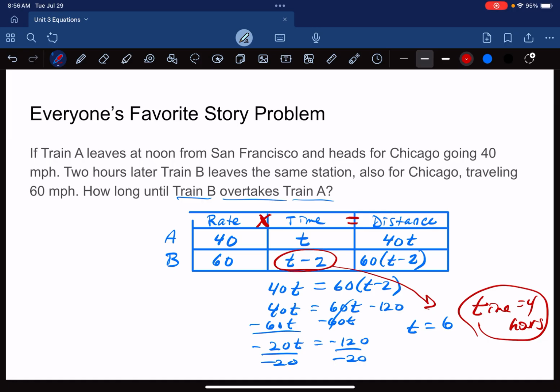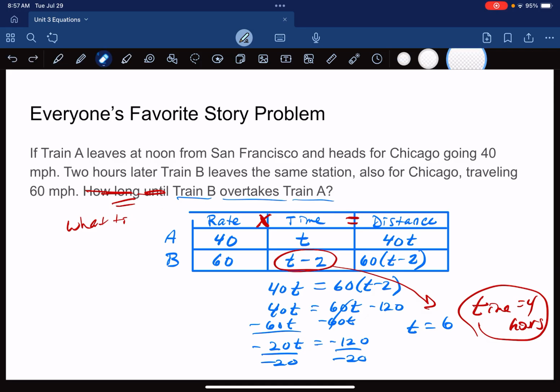Let's think about that. I guess that's arbitrary, because it doesn't say how long from what time. It would be better had this said what time does.